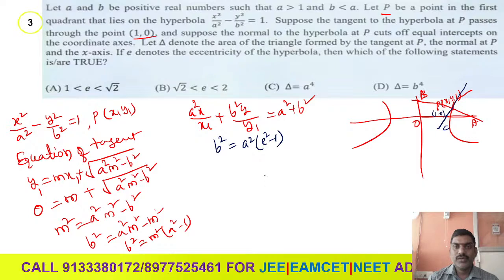If we take this point as a secant theta comma b tan theta, then what will happen if we take the point like this? Okay, this is the point a secant theta comma b tan theta.